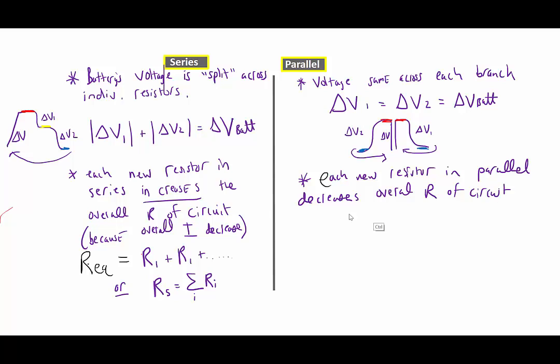The reason for that is that the total current increases with more pathways.